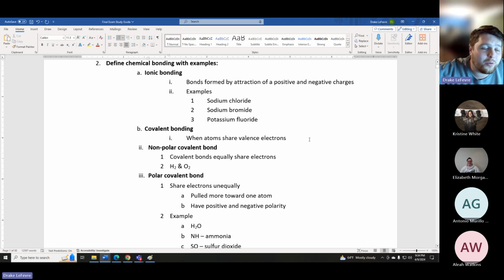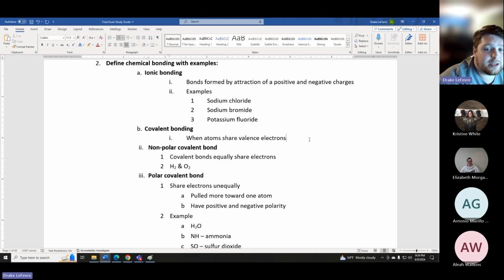Do you remember what type of bonds are typically used in the secondary stage of protein synthesis? Hydrogen. Hydrogen. What about tertiary structure? Covalent. Yeah, like disulfide and van der Waals.